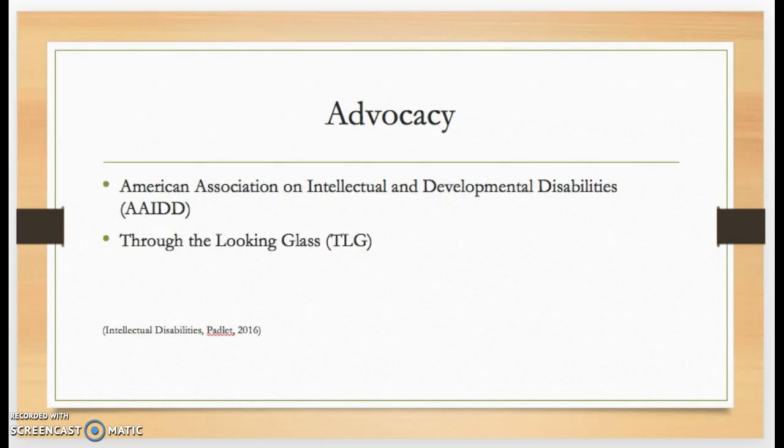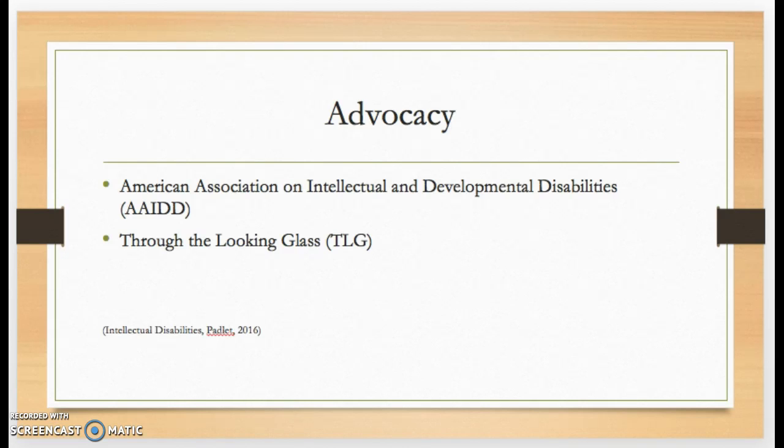There are 2 different advocacies for Katie. The first one is the American Association on Intellectual and Developmental Disabilities. This can be used for Christine to help advocate for Katie and get her support in the classroom. This will also help Christine to know her rights and what she is able to do for Katie.